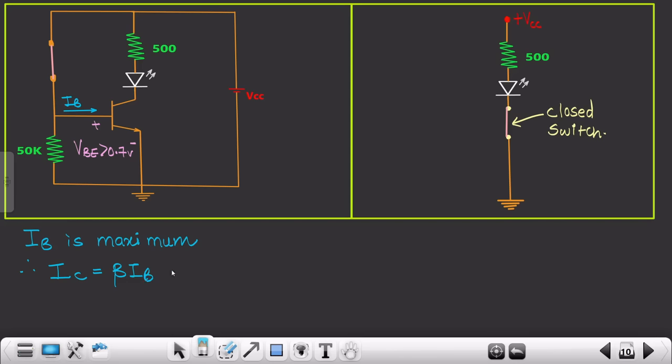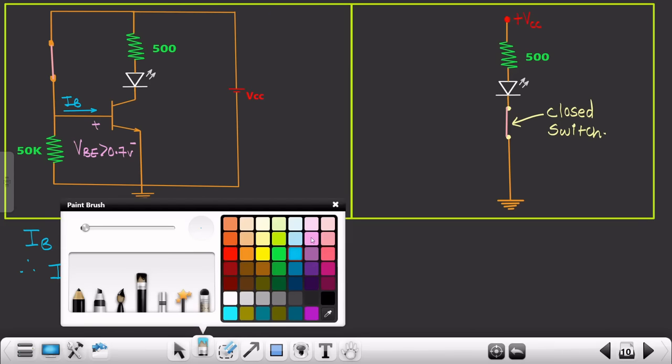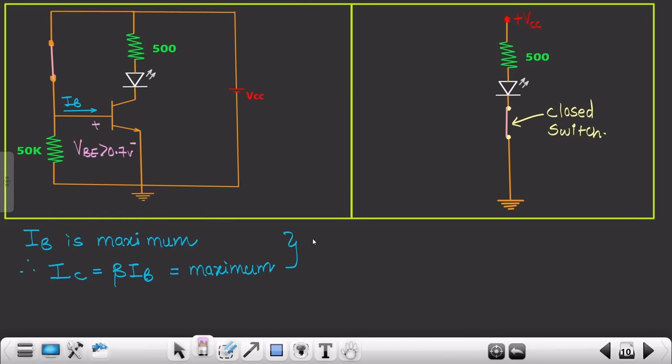Since your input current is maximum, your output current would also be maximum. So I will write over here IB max and IC max, indicating that these two currents are maximum. This is your input current IB max, and as your input current is maximum, your output current IC would also be maximum. Great. I hope you understood up till here.